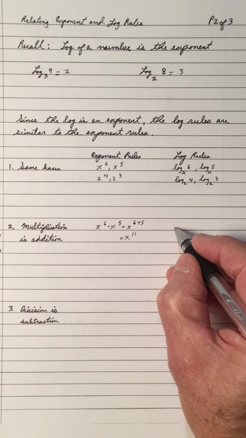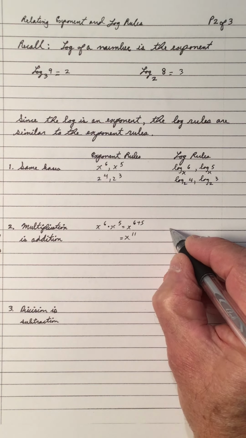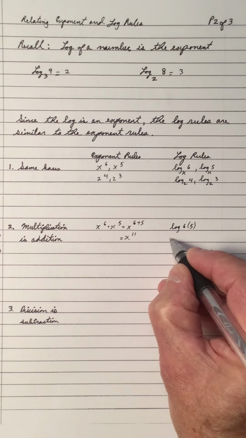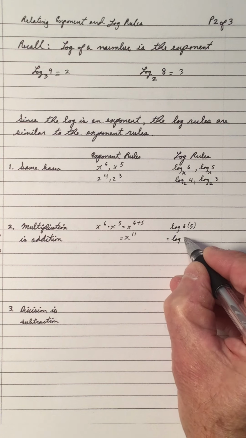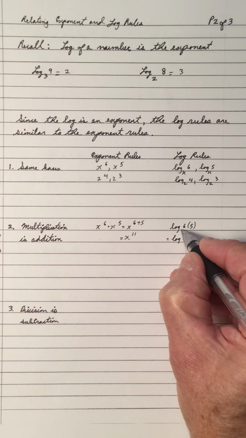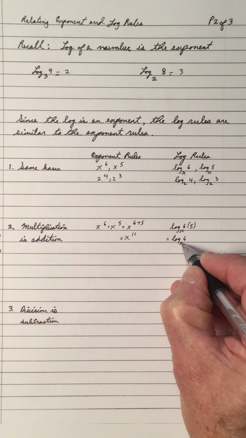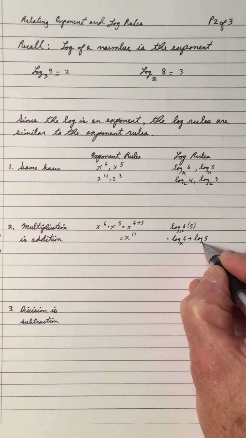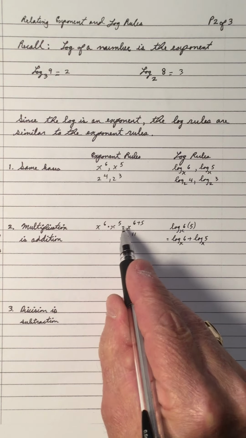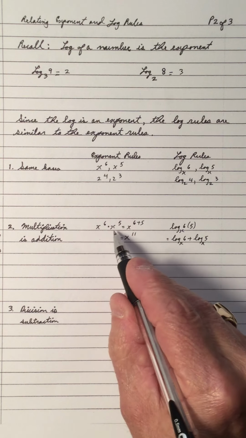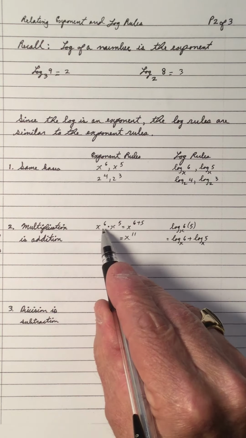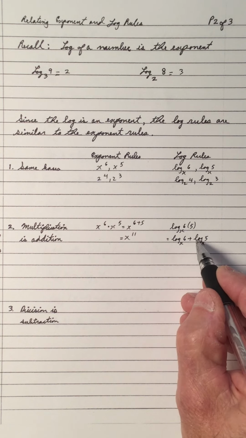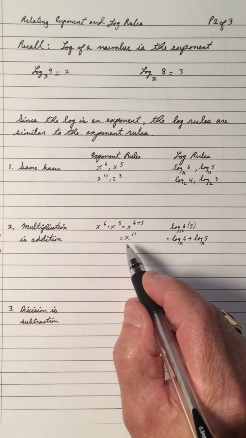So in logs, if we were doing this in logs, then we have 6 times 5 would be the log of 6, and the base is x. So our product would be the sum of the logs. So notice, when we're multiplying, we add, and notice we're multiplying here and we add. This is in exponentials. So when I do logs and I have a product, I have the sum of the logs. So it's very similar to here.